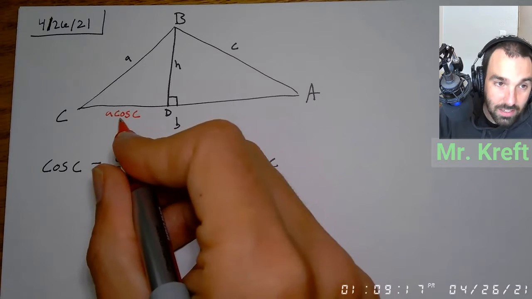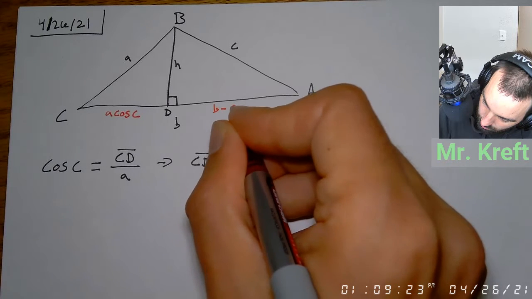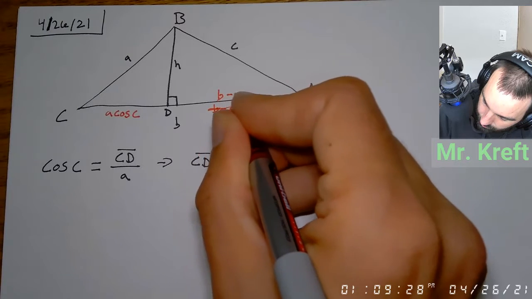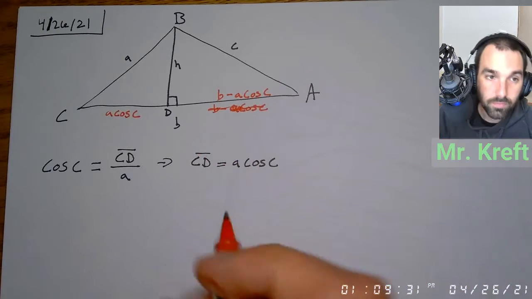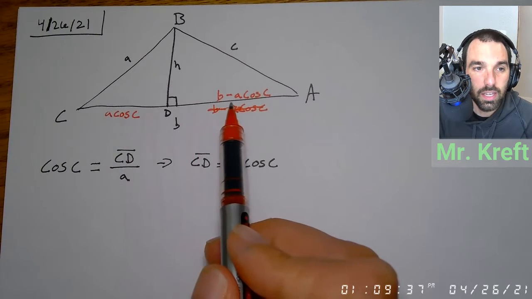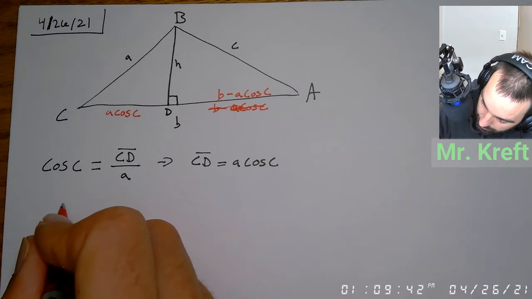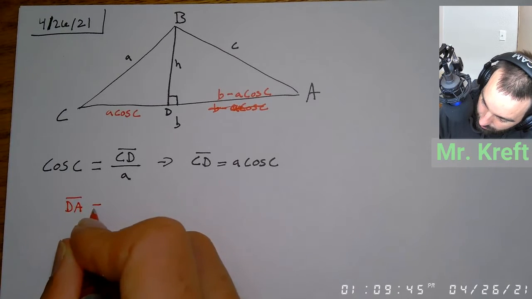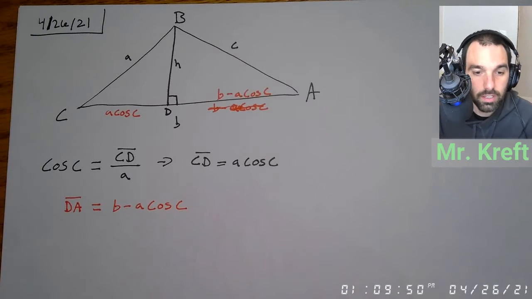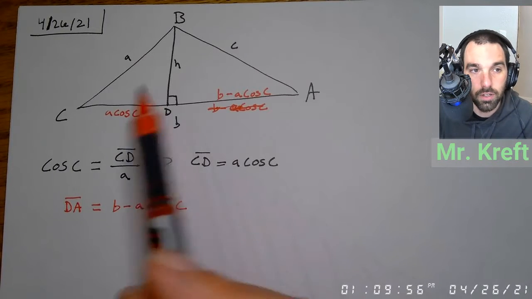Okay. Then B minus this is going to be this. A cosine of C. Okay, so if this is A cosine of C, then this is B minus A cosine of C. So I'm just going to write down right here, segment DA is the same as B minus A cosine of C. Again, I'm just labeling parts of the triangle in terms of other parts.